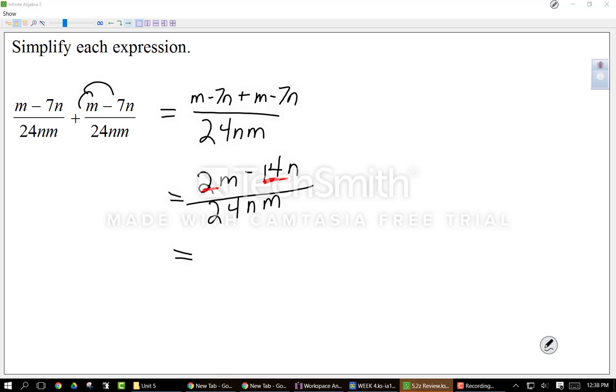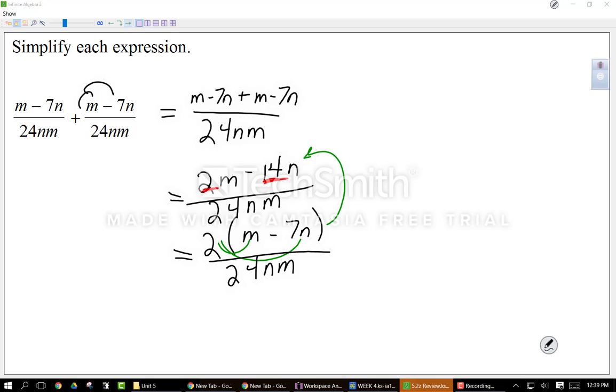So that means I can pull out a 2 times what is left to get what I started with, m minus 7n. If I redistribute the 2 through, I get what I started with up here, and that's the whole goal, right? Factoring is what we call undistributing. So that's what I'm doing. I'm factoring, undistributing, divided by still my 24nm.